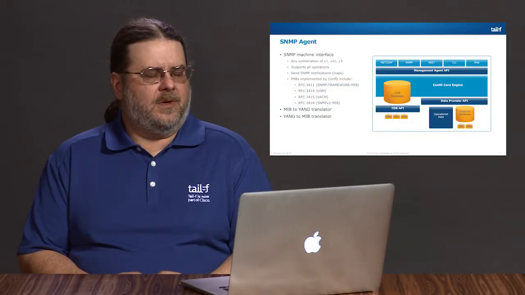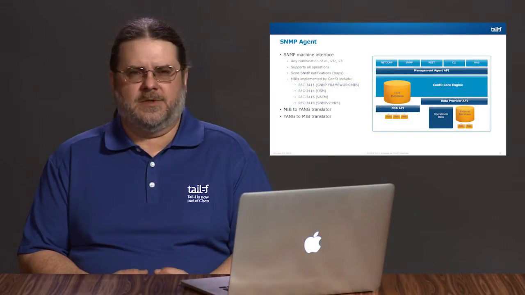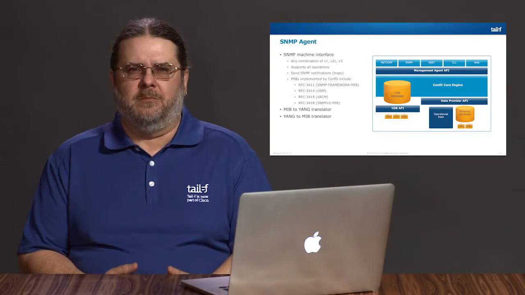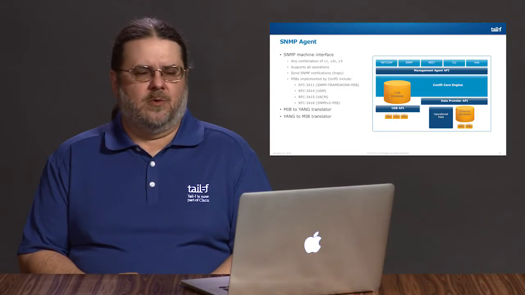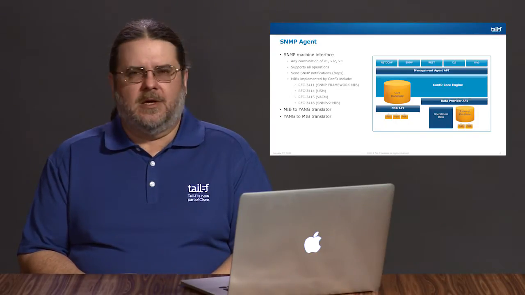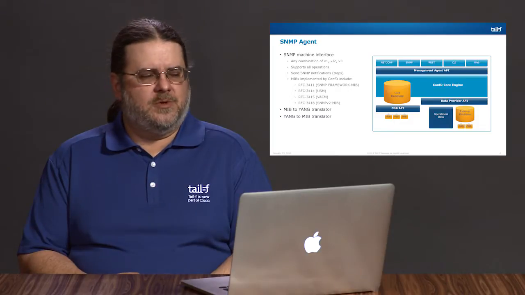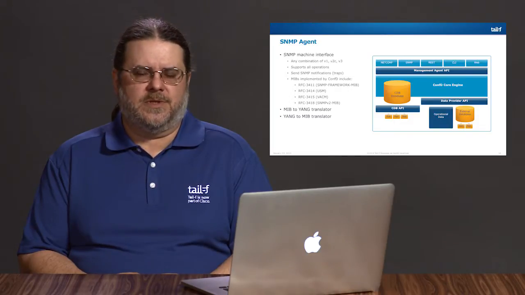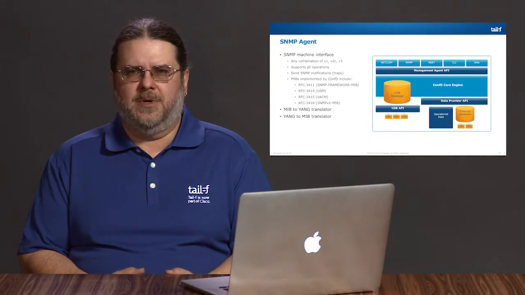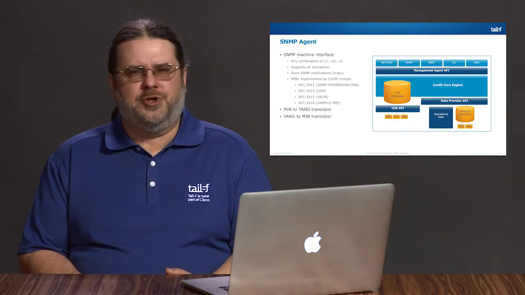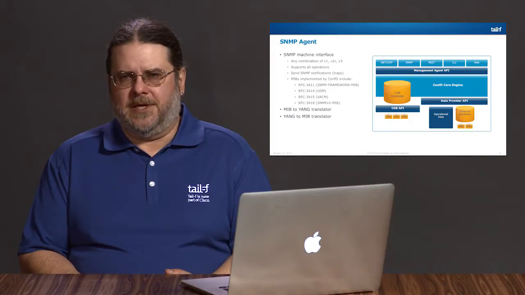An important thing about the world of SNMP is, of course, there we have MIBs. How do we bridge from the SNMP MIB world to the Yang data model world of ConfD? ConfD includes tools that allow you to do this. With ConfD, we provide tools where you can take a MIB and from that MIB generate the appropriate Yang data model.